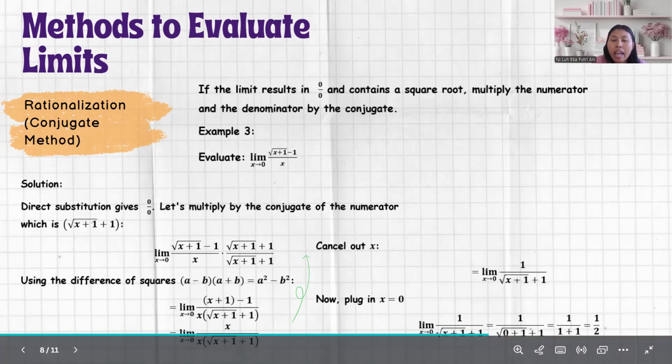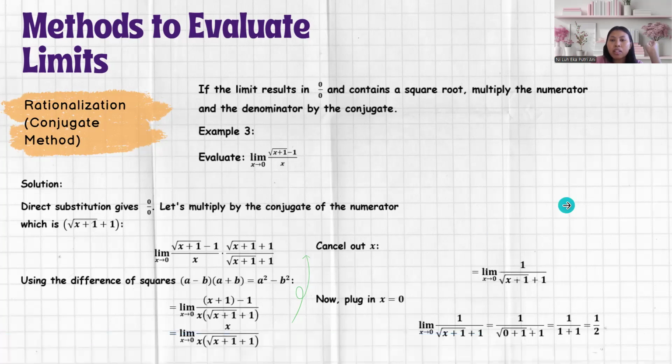Okay, now plug in x equal to 0, and we get 1 over 1 plus 1, so we have 1 over 2. Okay, that's about 3 methods in evaluating the limit.